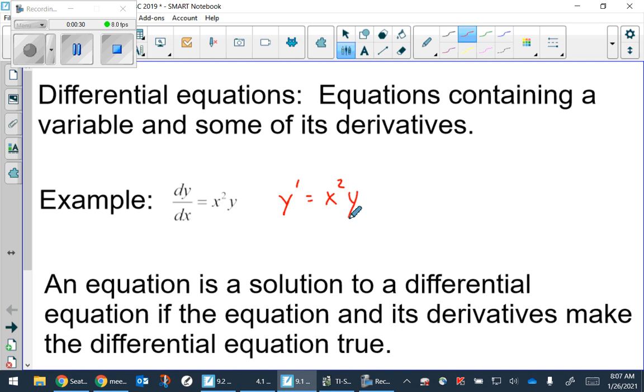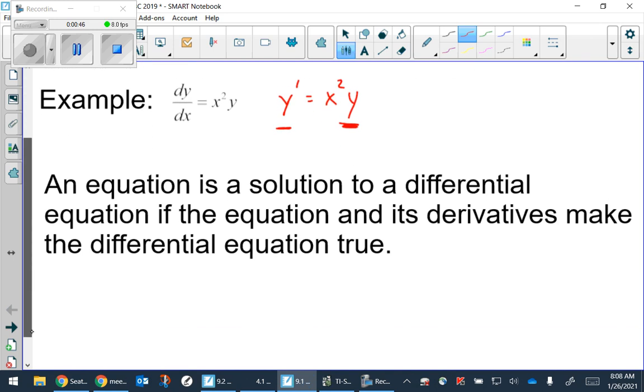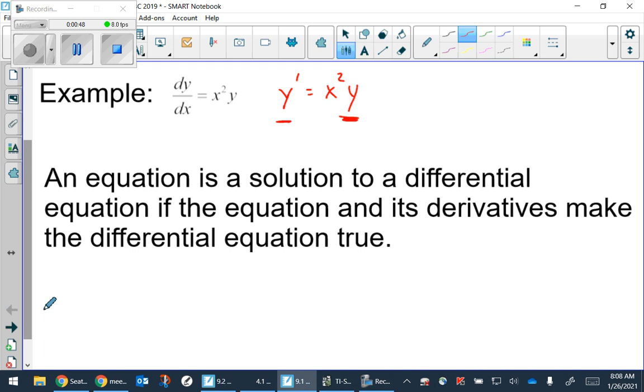Now that's an equation because it's got an equal sign. It contains a variable and it contains a derivative. Okay? So it's a differential equation. Now, an equation is a solution to a differential equation if the equation and its derivative make the differential equation true.